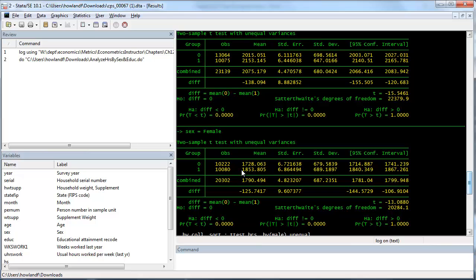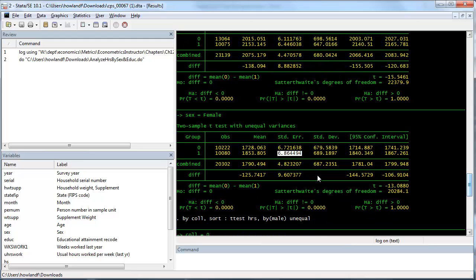For females with a college education, it's 1,853. We get a difference of 125. Again, we can compute a standard error. The standard error is equal to the square root of the sum of this squared plus this squared, the two separate standard errors, and we're fine. We get a t-statistic, which is huge. We decisively reject the null hypothesis.